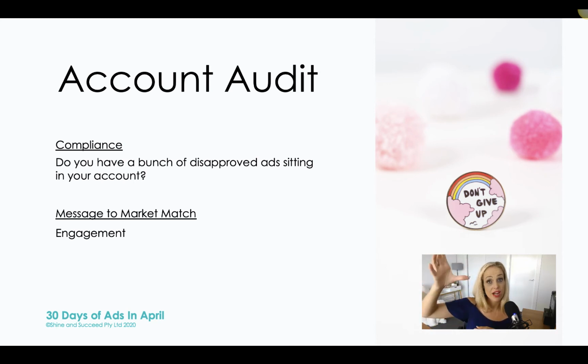So there's more shares than comments and more comments than likes. A share has higher value than a comment, has higher value than a like, has higher value than just a click. So the way to judge the message to market match is to see, are the clients creating engaging content?